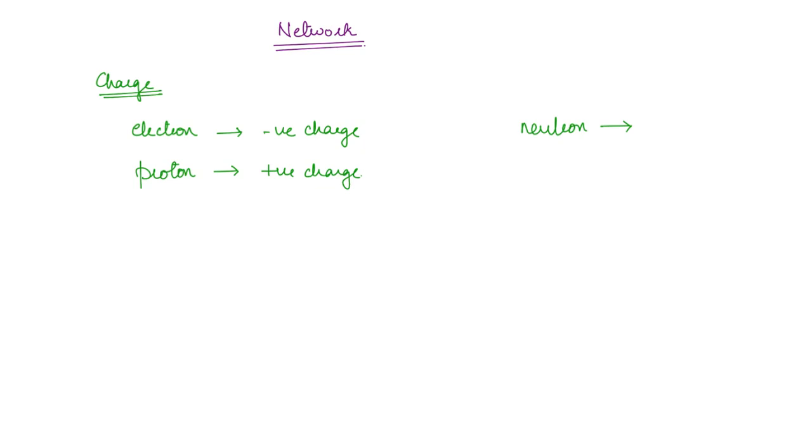Okay. Now the next question is the units. Units are also very important. So what do we measure the charge in? We measure it in coulombs. Now the next question comes. How much charge is carried by an electron and a proton? For an electron, the negative charge is going to be minus 1.6 into 10 to the power minus 19 coulombs.